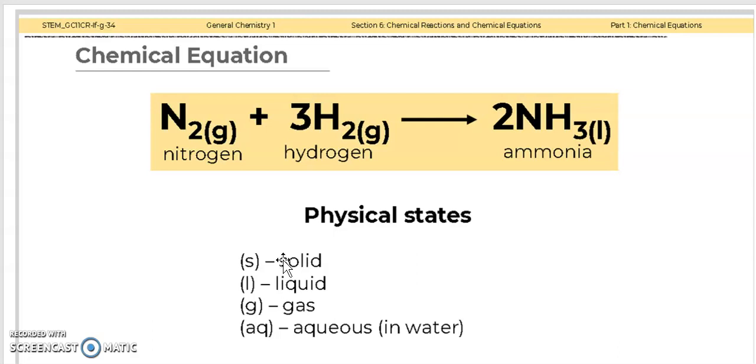The physical states are written after the chemical formula and are indicated by the symbols S for solid, L for liquid, G for gas, and AQ for aqueous substances or those dissolved in water. This is read as aqueous.